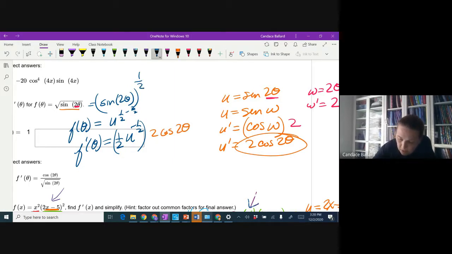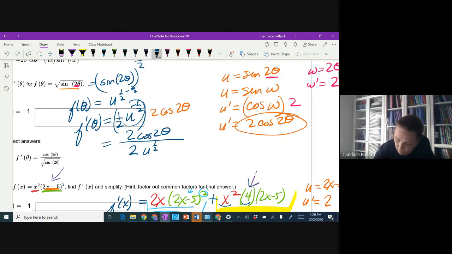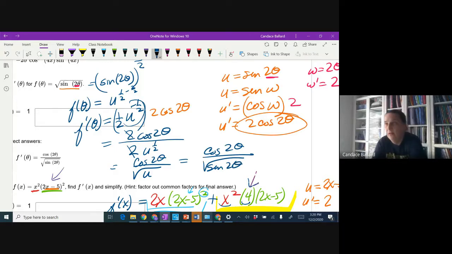Before I put the u back in, I'm going to make this guy come downstairs, because that's what the negative exponent does, keeping the 2 cosine 2 theta upstairs. Check this out. My 2's are going to cancel. That's kind of nice. I'm going to rewrite that with a square root over the top. And now I'm going to substitute the u back in. So the square root of sine of 2 theta.